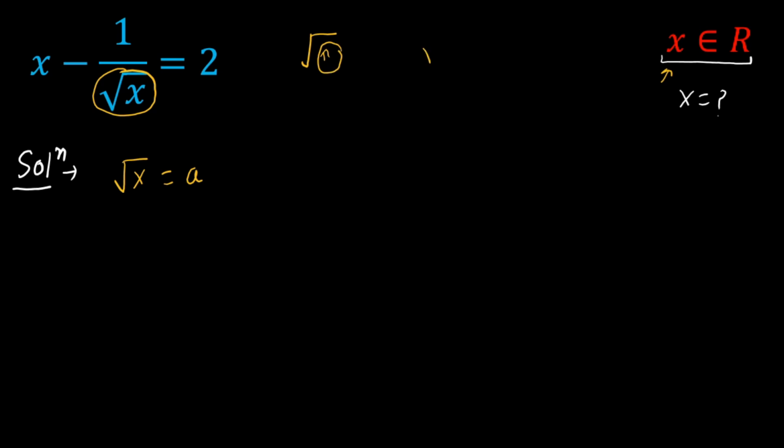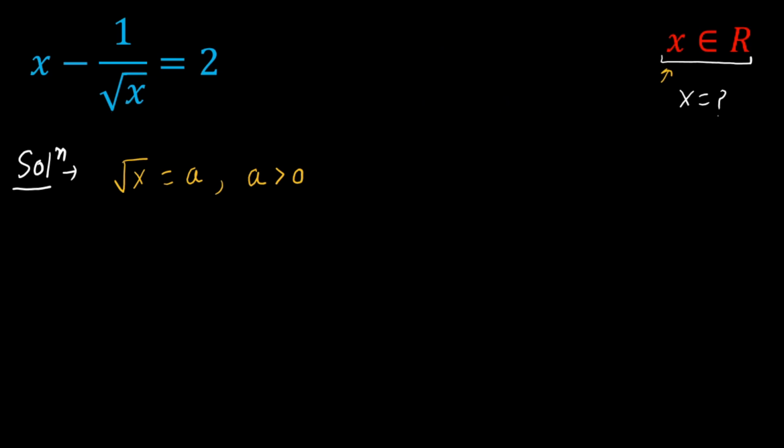That's why x is greater than 0, and then the square root of a positive number is also positive. It means if we substitute square root of x equals a, then a is greater than 0.